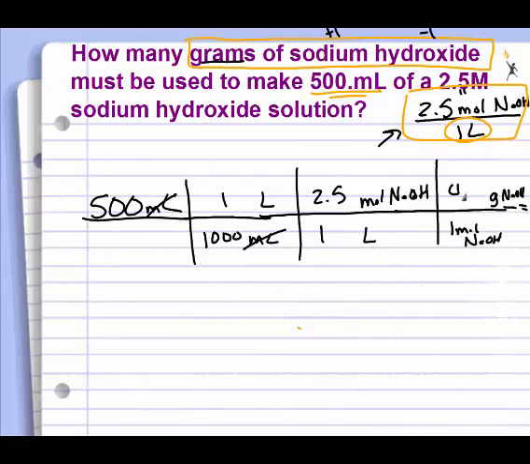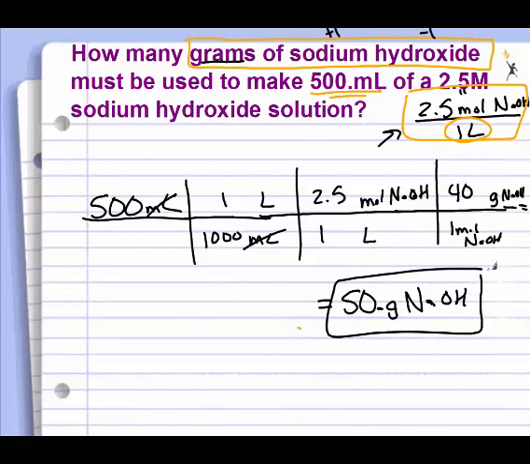From the periodic table, I get 40 grams is 1 mole. Multiplying and dividing, we have 2 sig figs, so we should just get 50 with a decimal. So 50 grams of sodium hydroxide will be needed to make a 2.5 molar solution.